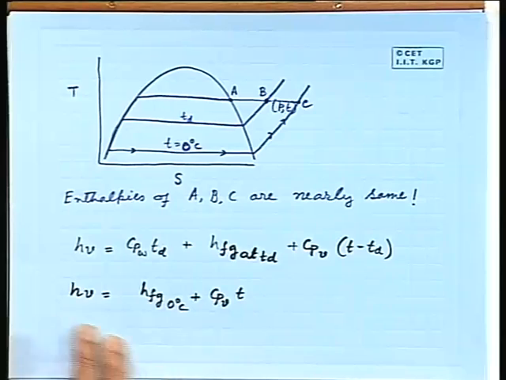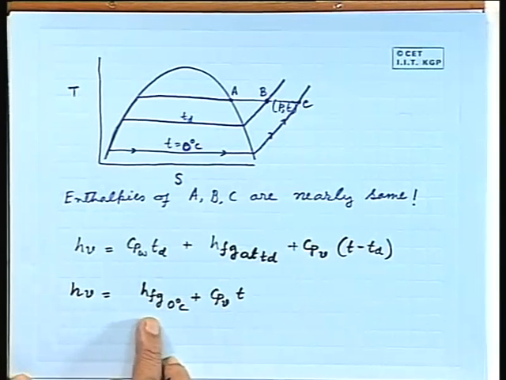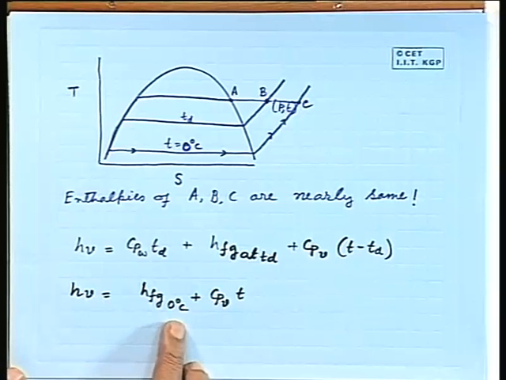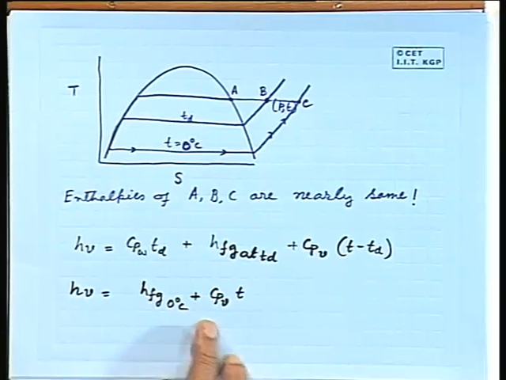So, HV I have got by this formula. Please once again note down that it is HFG at 0 degree C plus CPV multiplied by the temperature, or dry bulb temperature, of the sample. Okay. Now, I will put the values and I will ask you to remember them.